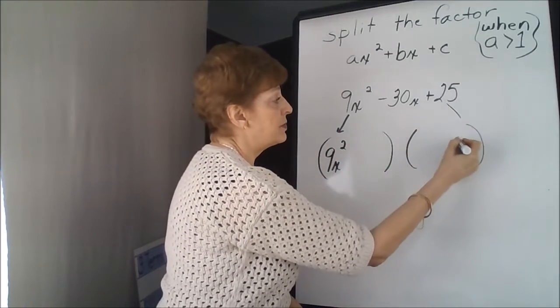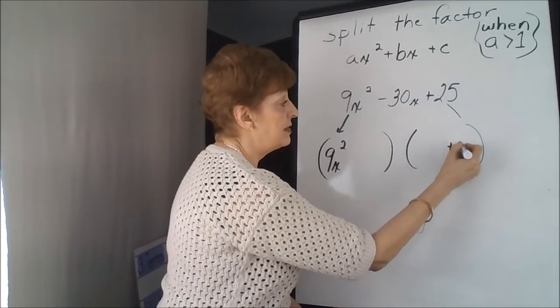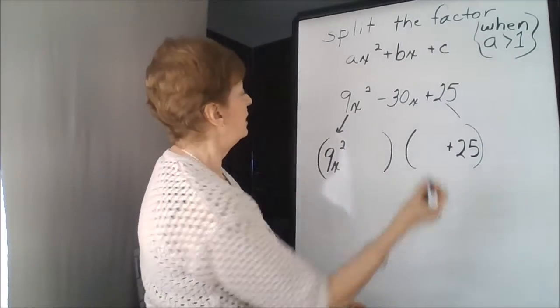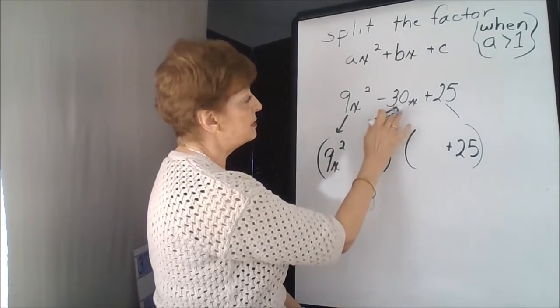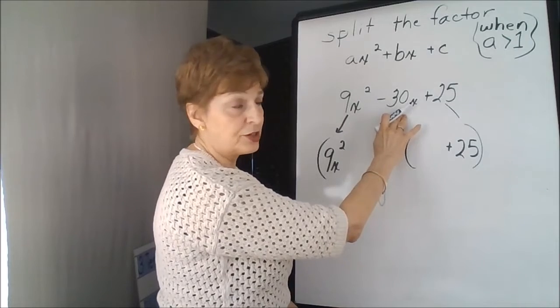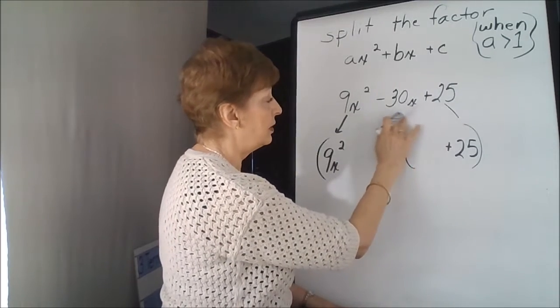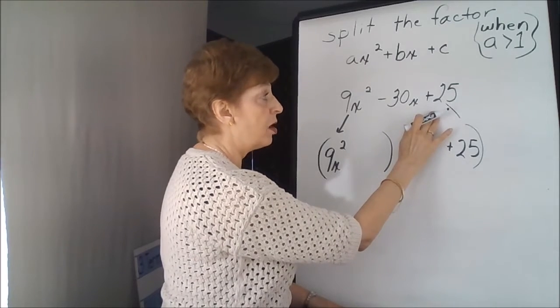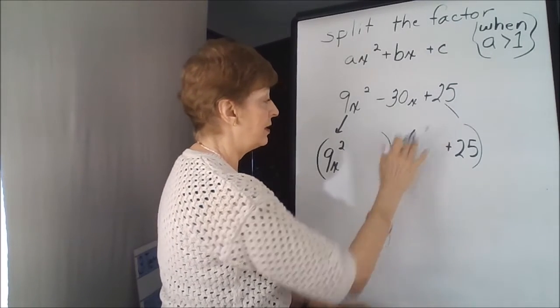The last one goes in the last position with its sign. Then you're going to be splitting this middle part. So you've got to get two factors that will add or subtract to 30, but multiply to 25.